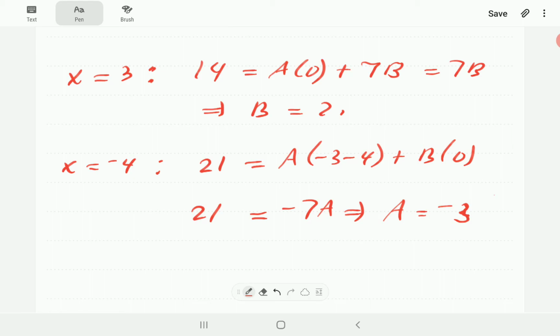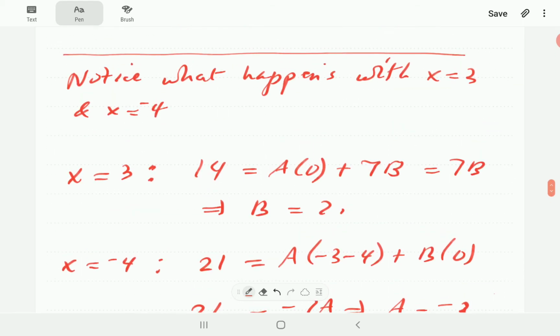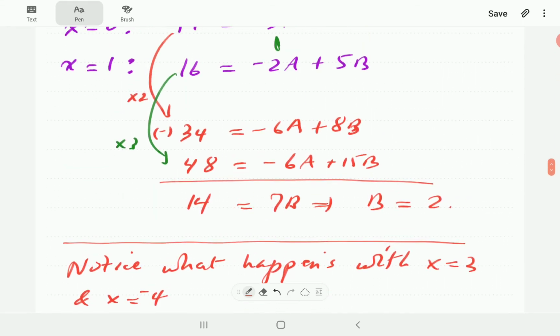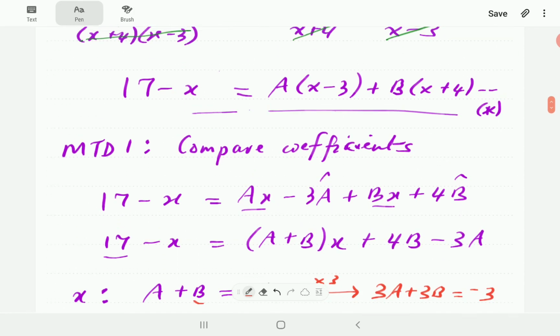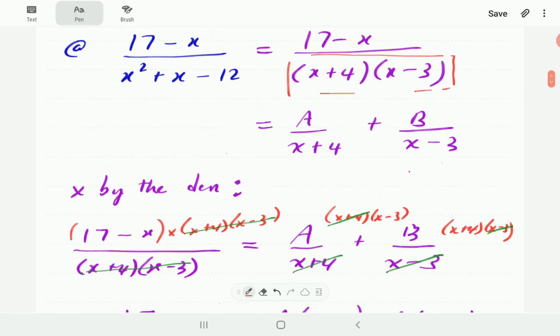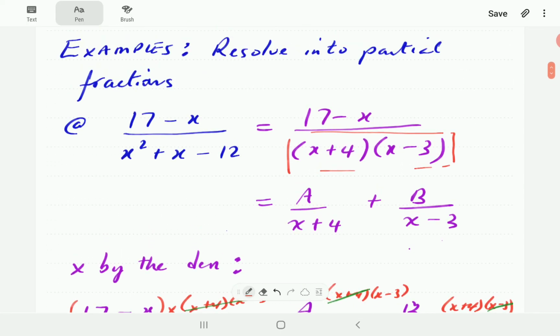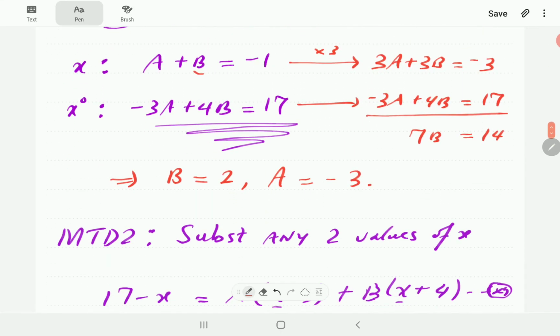Then the question is, well, what is so special with x equals 3 and x equals -4? And the answer is x equals 3 and x equals -4 are the roots or the zeros of this denominator.